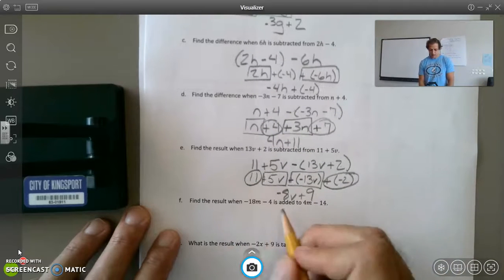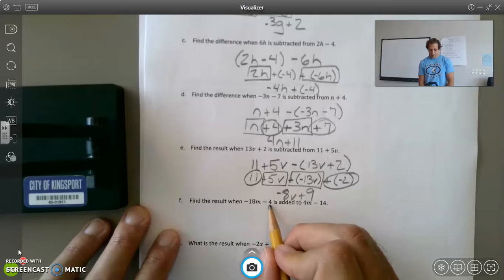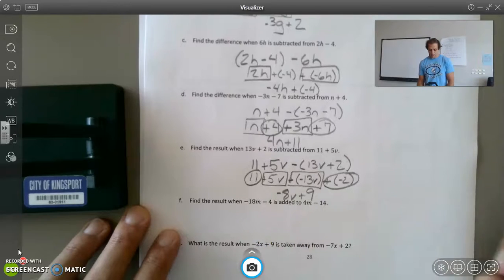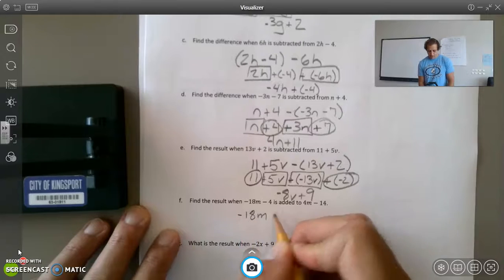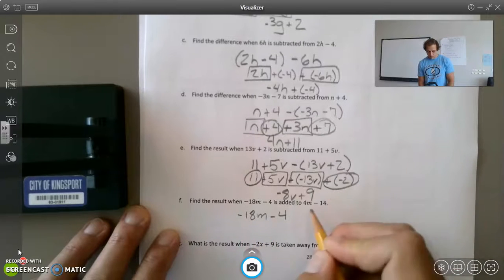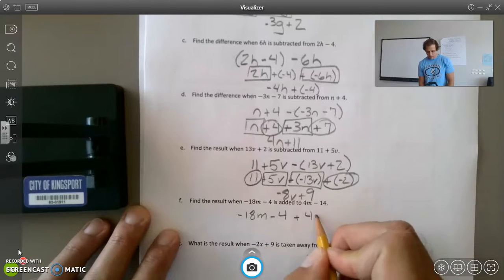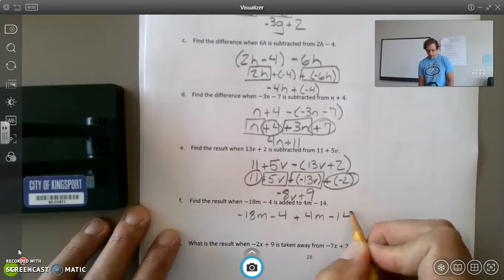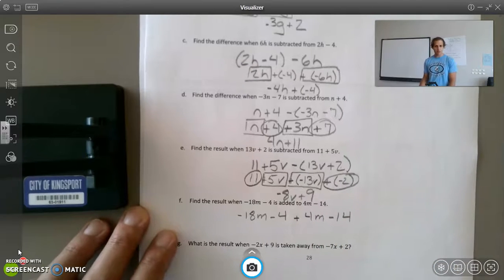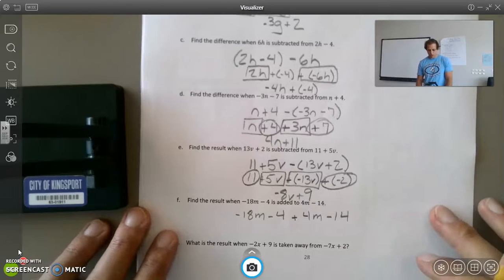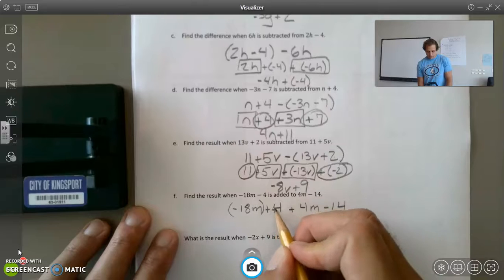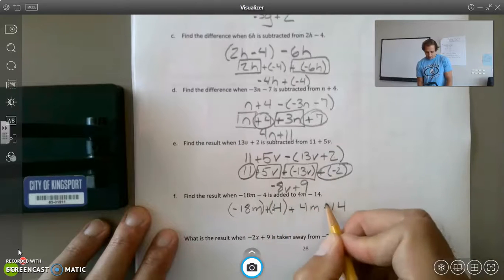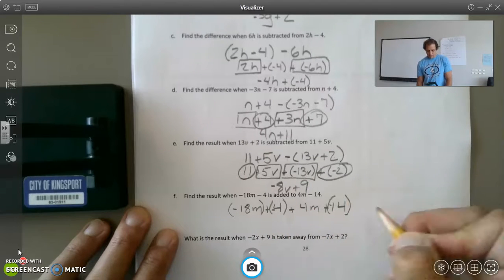All right. Find the result when negative 18m minus 4 is added to 4m minus 14. So I'm going to write this as negative 18m minus 4 plus 4m minus 14. I think I wrote that backwards, but honestly it's not going to matter because we're going to make everything addition, and we can add that in any order. So this is negative 18m, this is plus negative 4, this is plus negative 14.